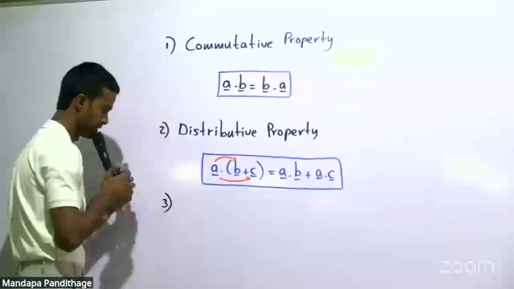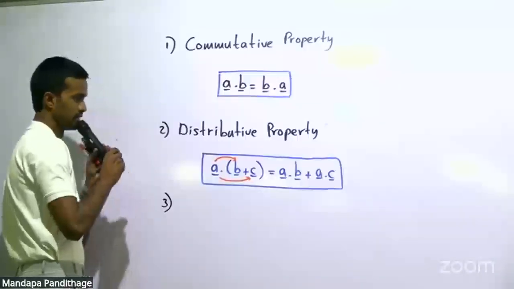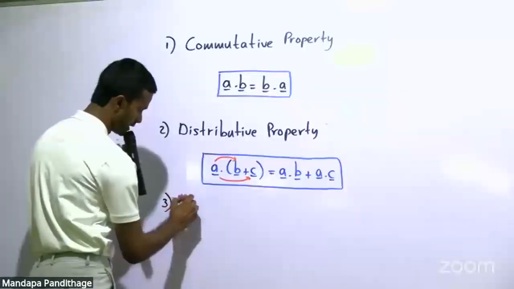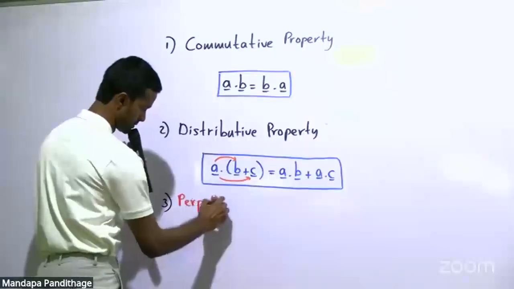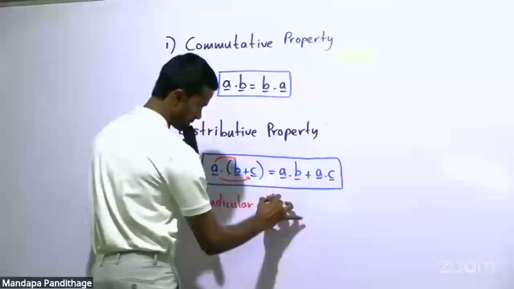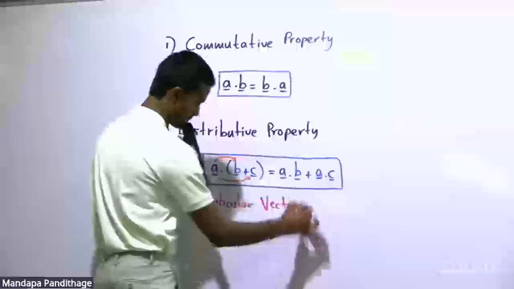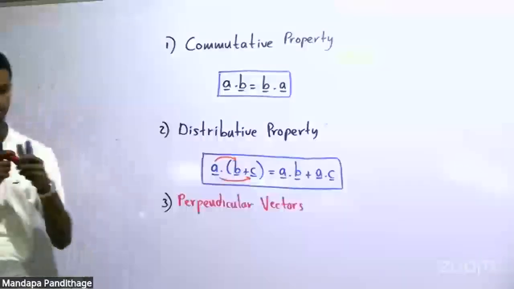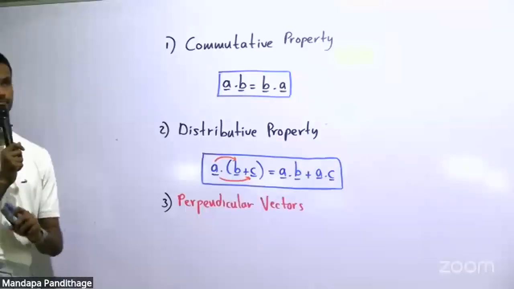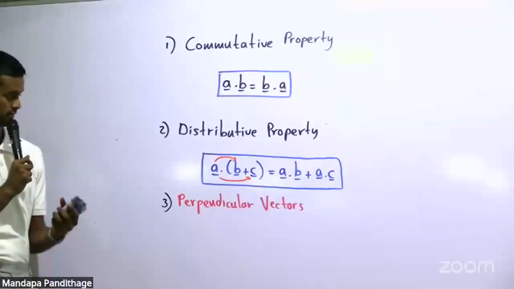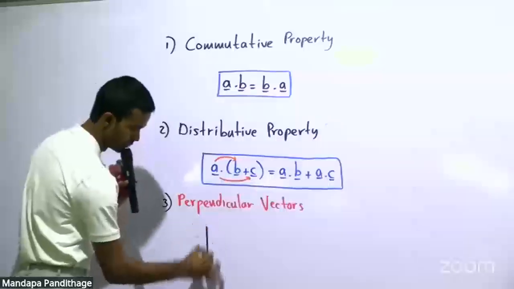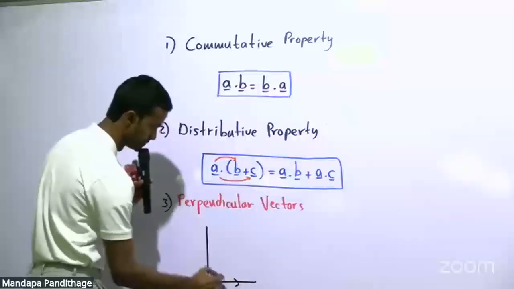Write the third one. Using a red pen, write this: perpendicular vectors. Okay, so now consider two vectors are perpendicular.